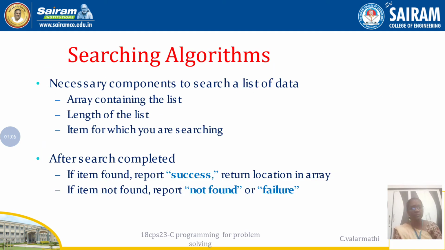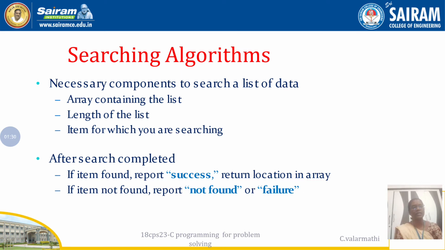what are the basic inputs required before going for the searching, and what are the possible outputs we will get in the searching? First, the inputs. If you are going to perform a searching, what are the things we need to have? First, we need one array containing the list, that is a group of elements stored in one array.